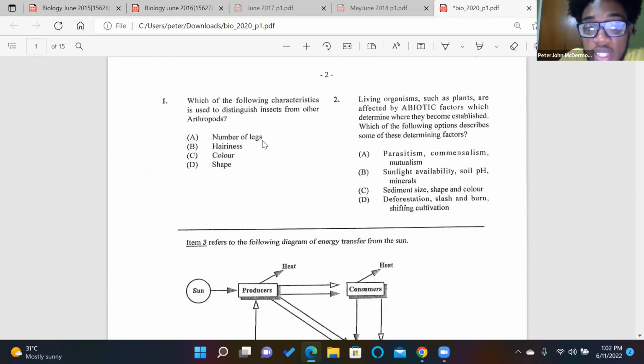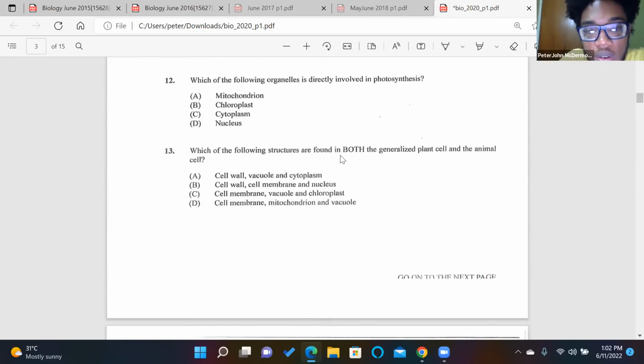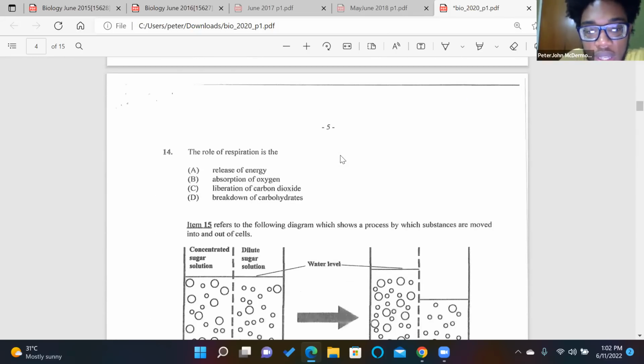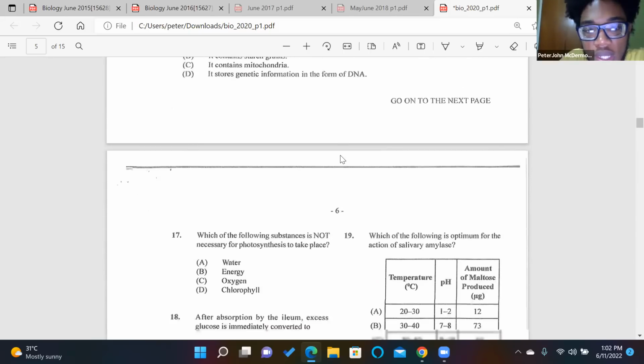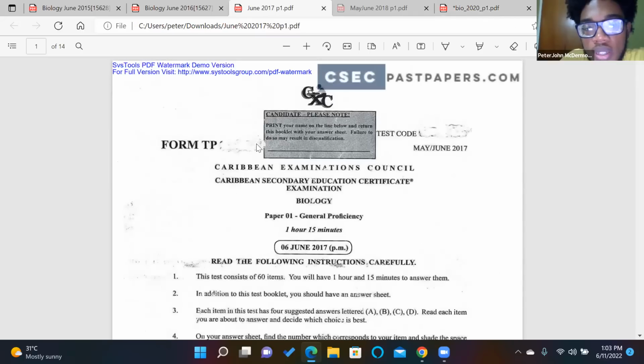This is a specific biology style answer. Sometimes you don't always have to know everything, but just the way they ask the question can really help.